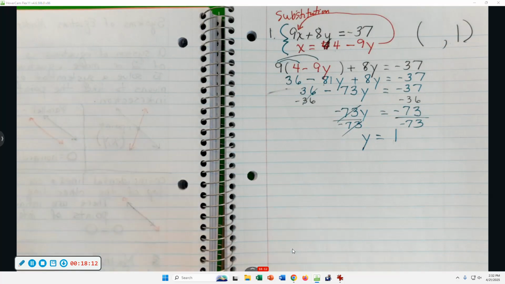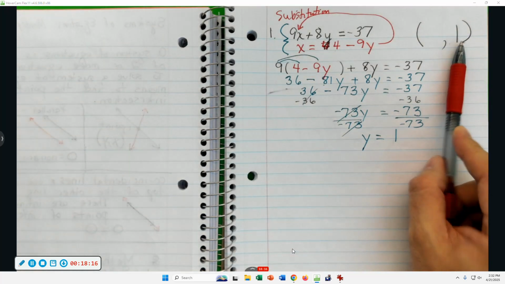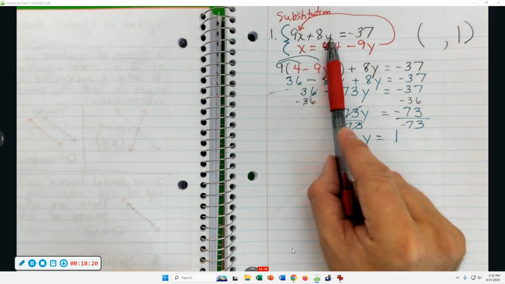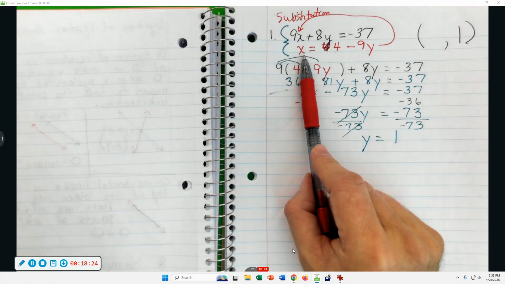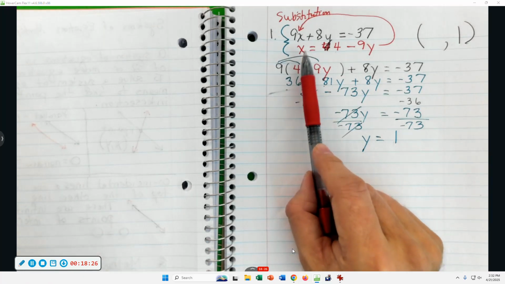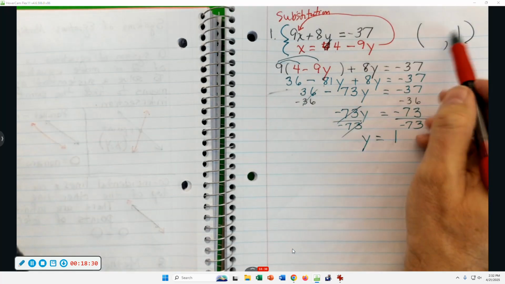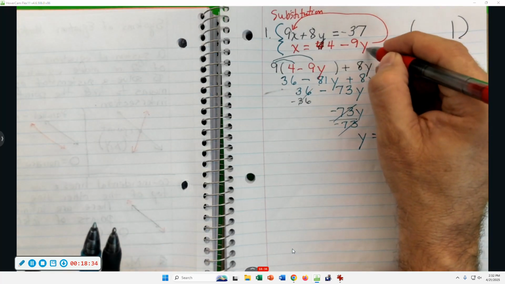Substitute the y. Take this number 1 and plug it into either one of the original equations. Generally, the one where the variable is by itself is the easiest one to use. So I'm going to take the y and plug it in right there.